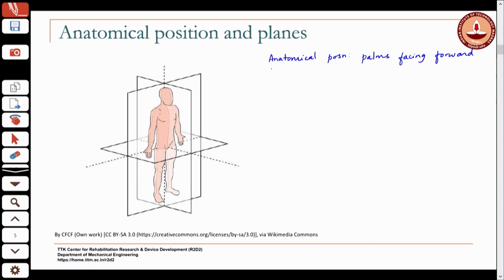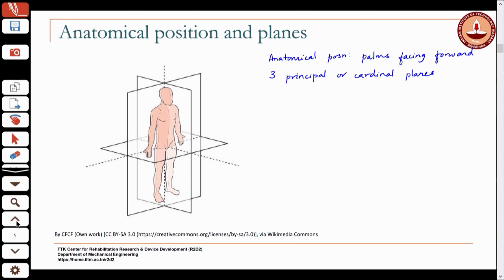And there are three principal or cardinal planes defined with reference to this anatomical position.